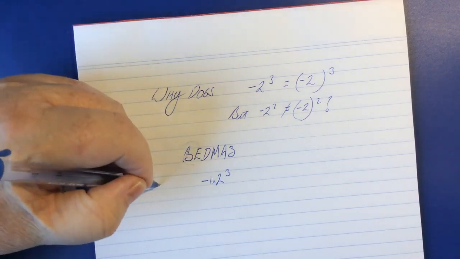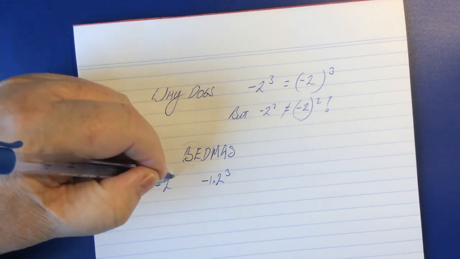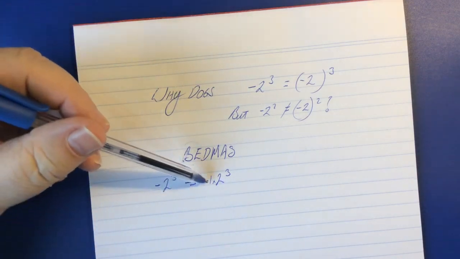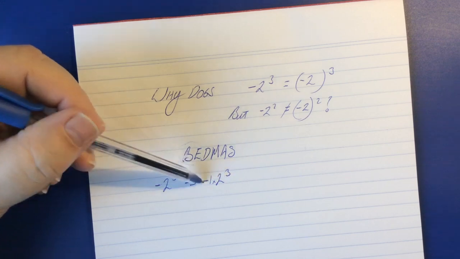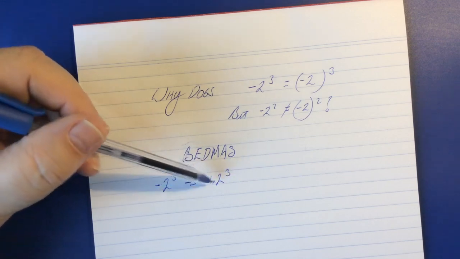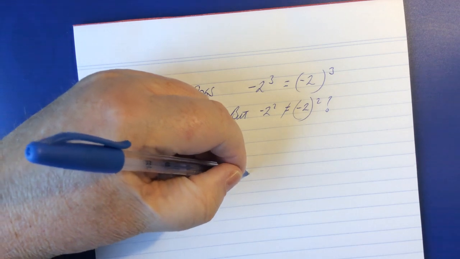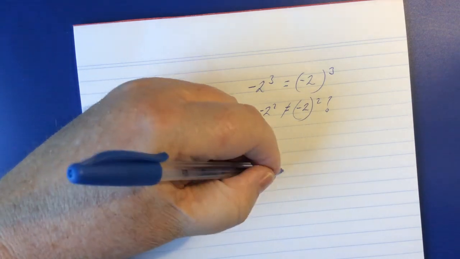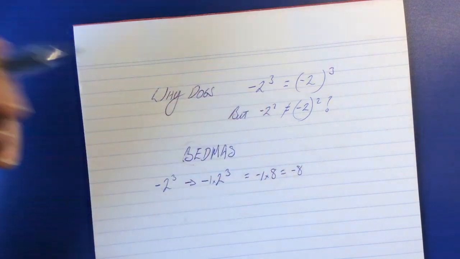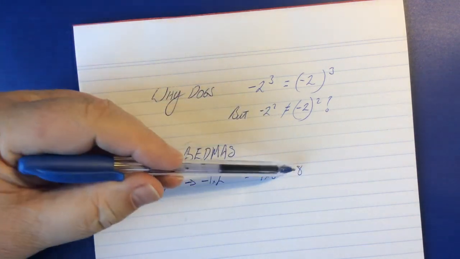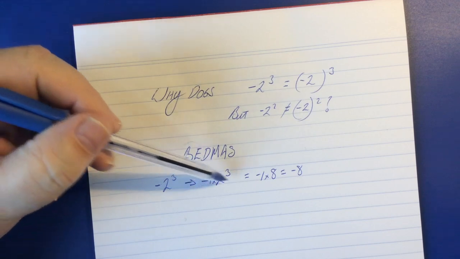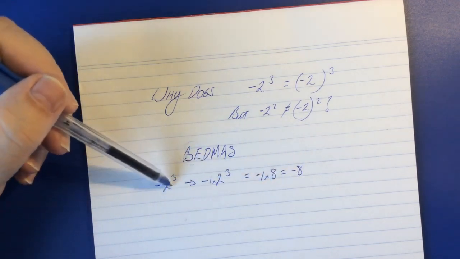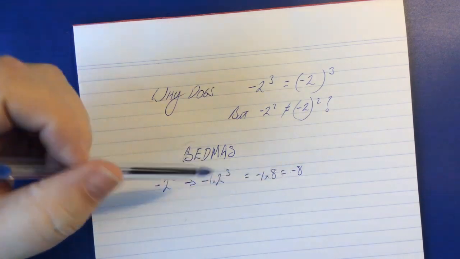So if I rewrite this over here, negative 2 to the power of 3, you can take it as being this. And 2 to the power of 3 equals 8, and negative 1 times 8 equals negative 8. So there we are. We have an explanation of why negative 2 to the power of 3, written like this, equals negative 8.